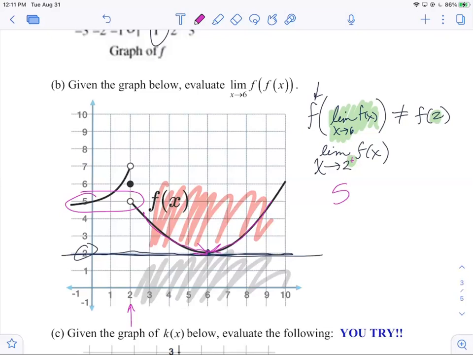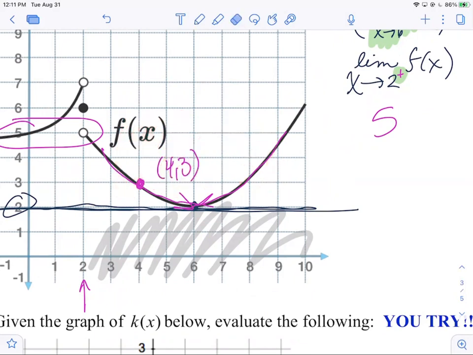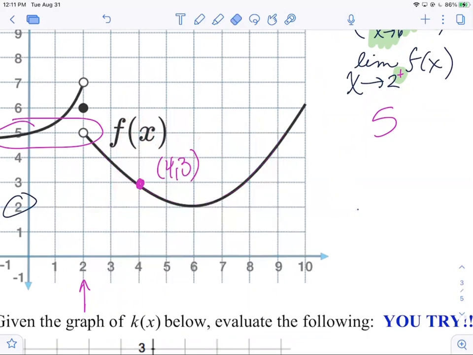What if this point is the 4, 3? Let's say that's the point (4, 3). Let me write another question here. What if this is the limit as x goes to 4 of f of f of x?